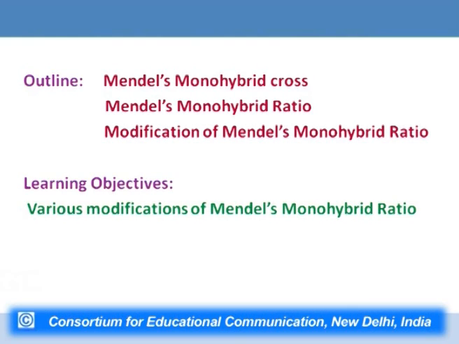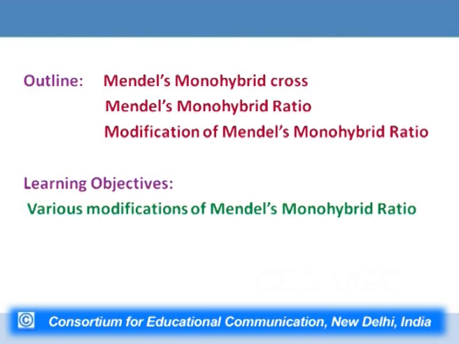In today's lecture, I'll be talking about how a monohybrid cross is done and how a monohybrid ratio is achieved using Mendel's law. Also, I'll be talking about various modifications which Mendel's monohybrid ratio undergoes due to various changes in gene expression.